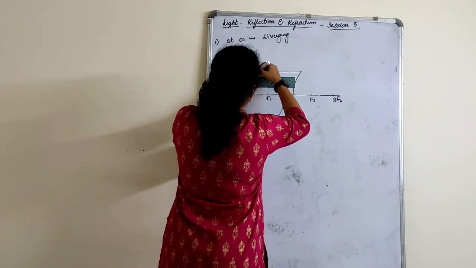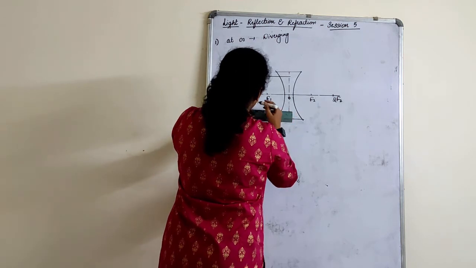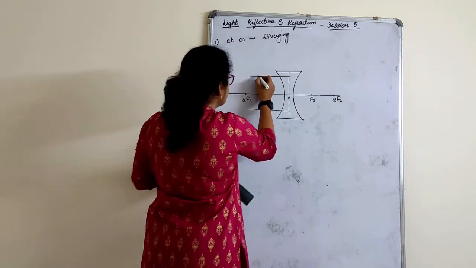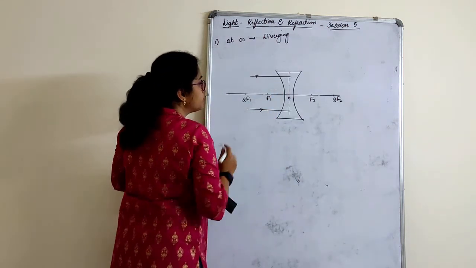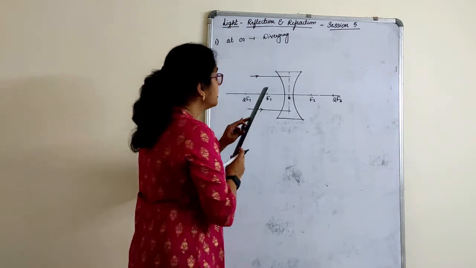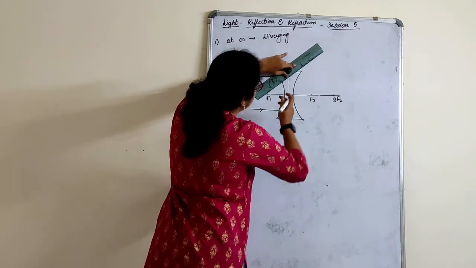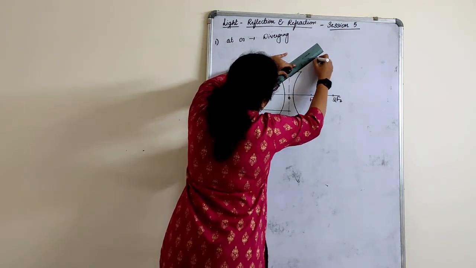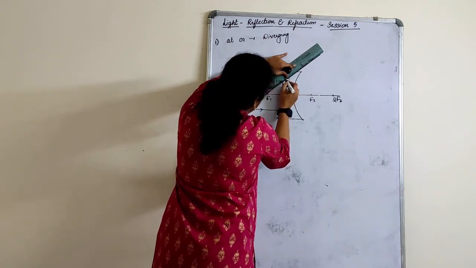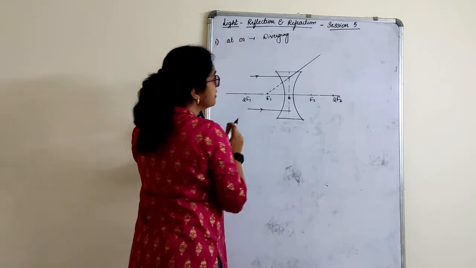First ray traveling through infinity, we don't know from where. Second ray is also traveling through infinity, right? Both the rays are traveling through infinity. Since they travel through infinity, they have to deviate. They deviate in such a way that when you produce them back, they meet at F1.